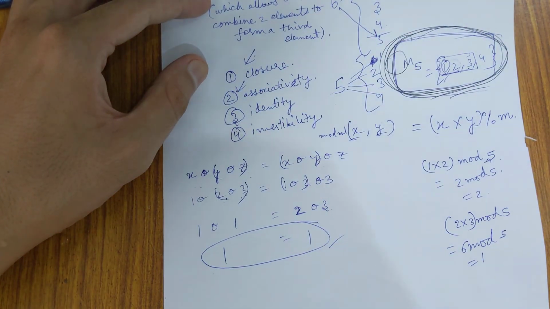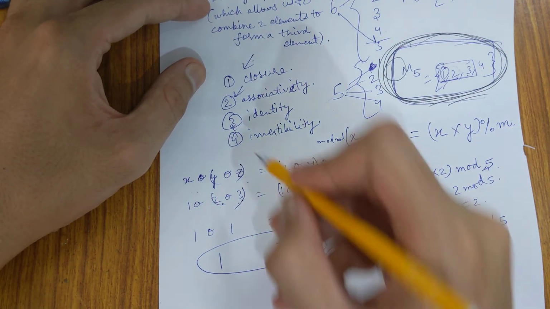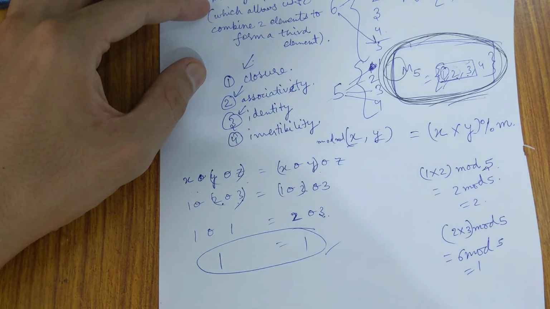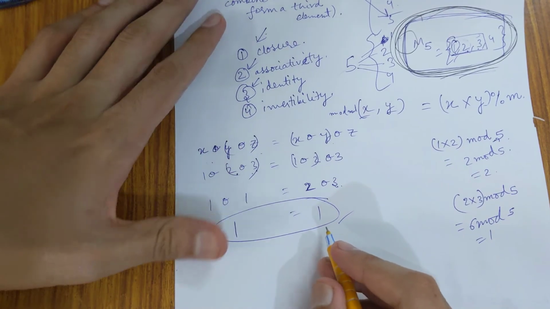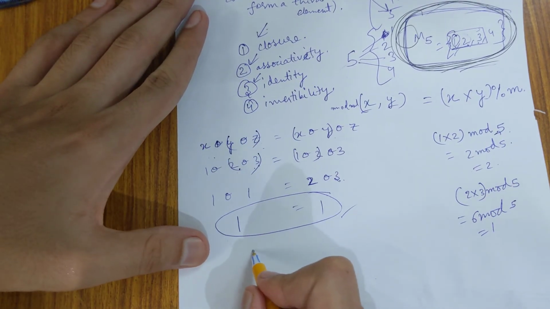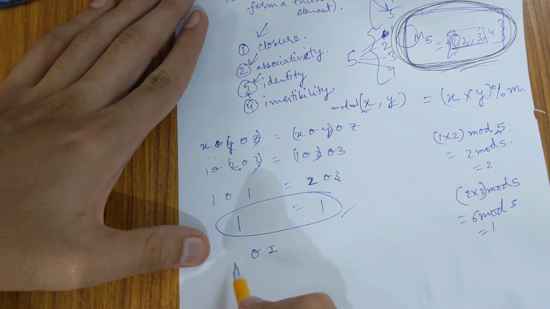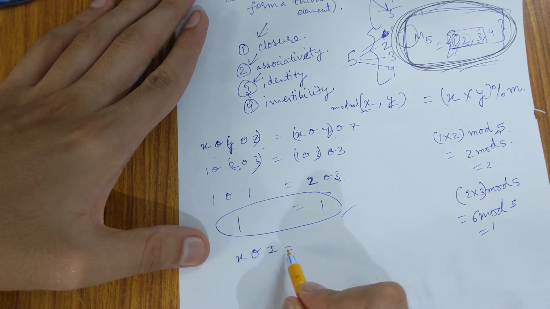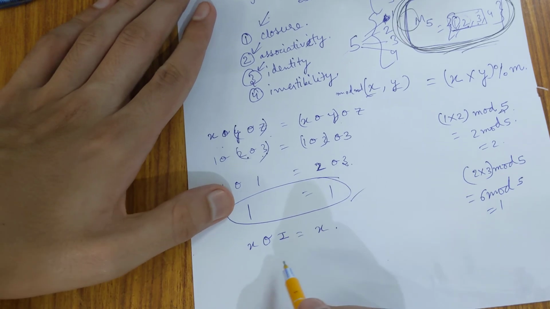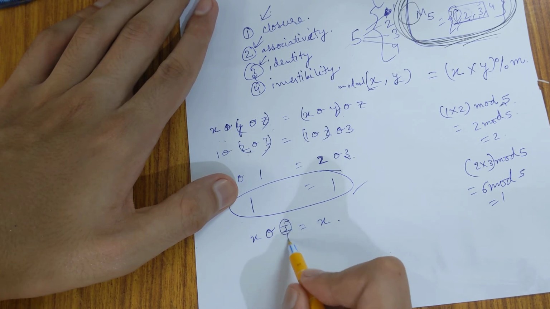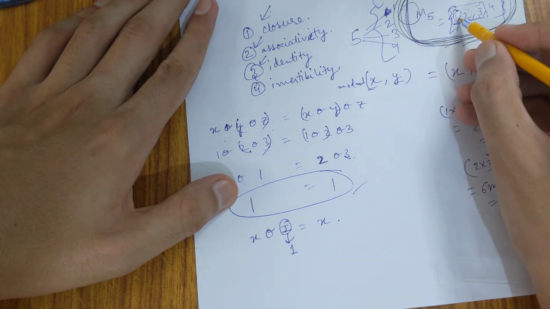Now we have the property of identity. We have an identity element which, if the operation is done with any element, gives us the element itself. So here the identity element is 1, which is present in the set.